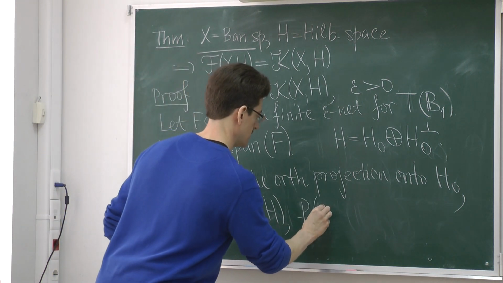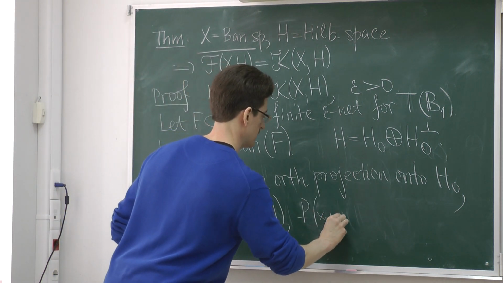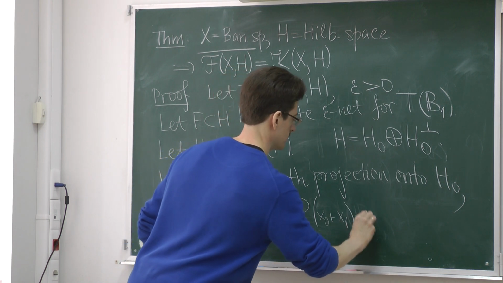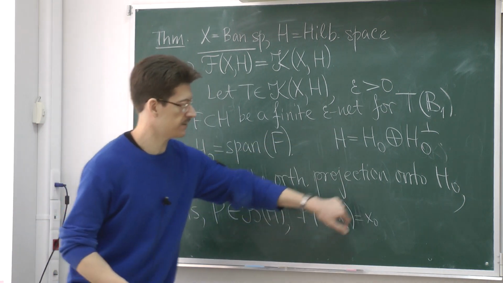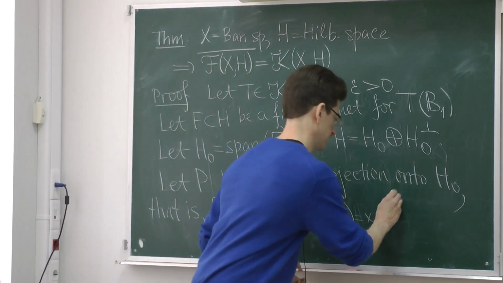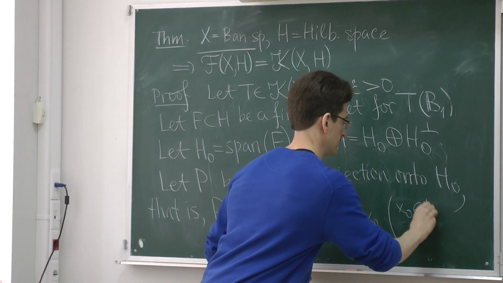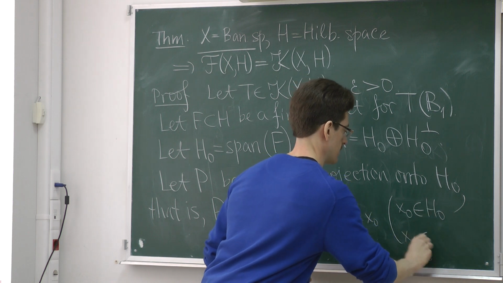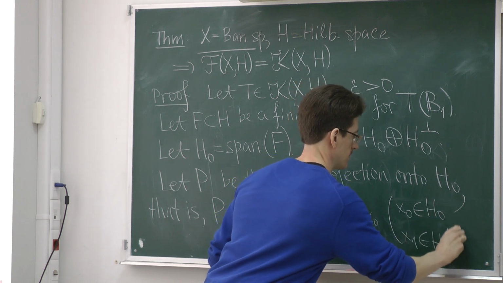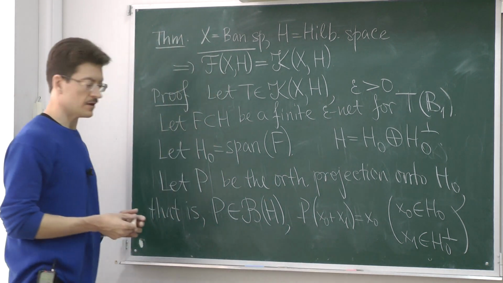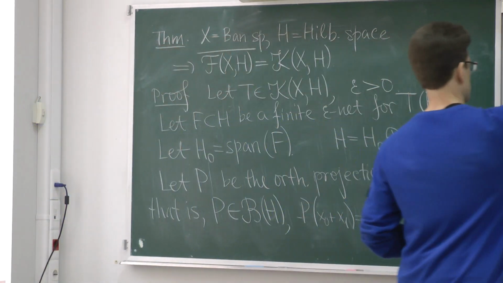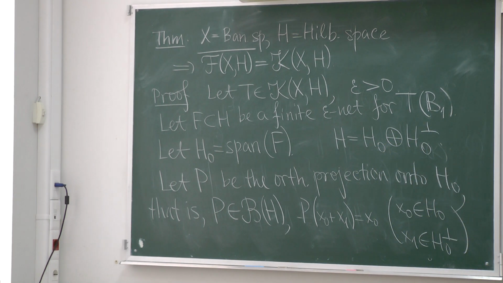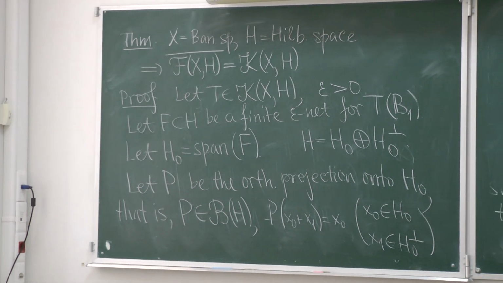It takes x0 plus x1 to x0 for each x0 in H0 and x1 in the orthogonal complement. So clearly this is a linear operator on H. It is bounded, and moreover the Pythagorean theorem readily implies that the norm of P equals 1.